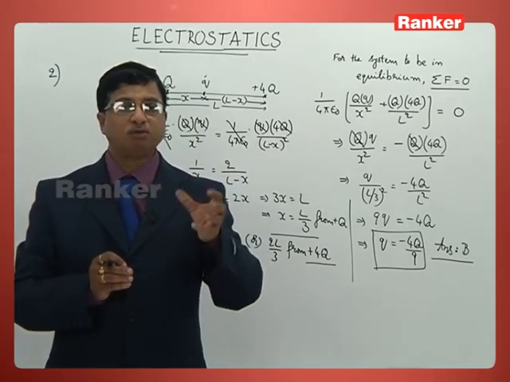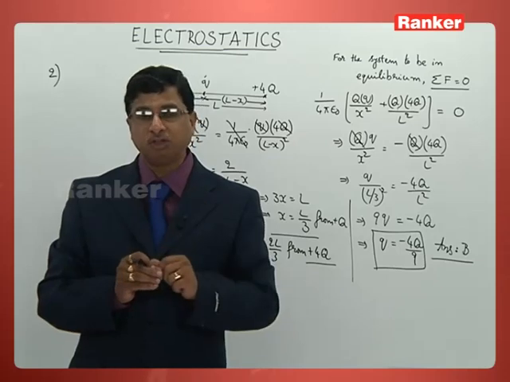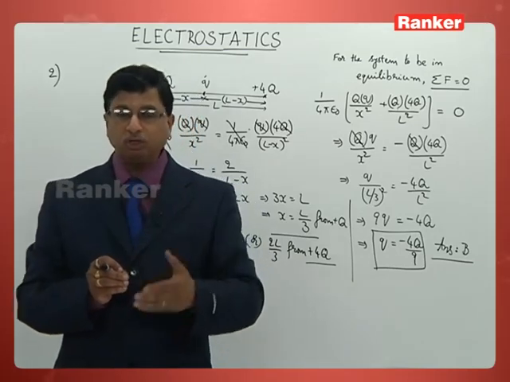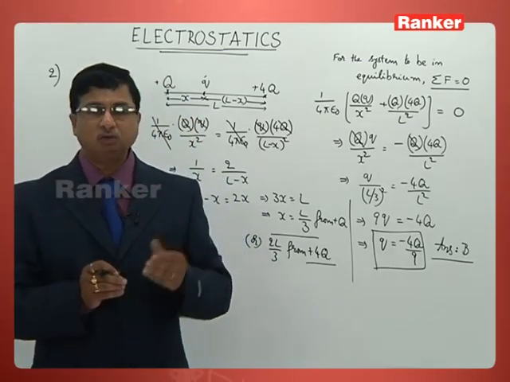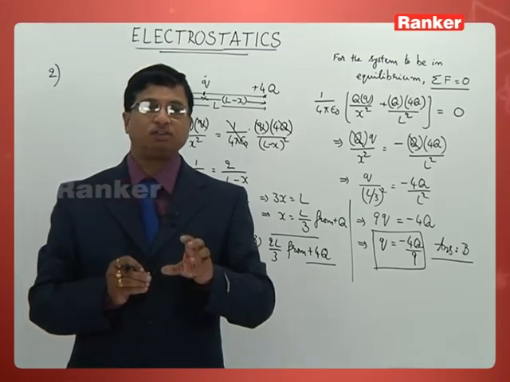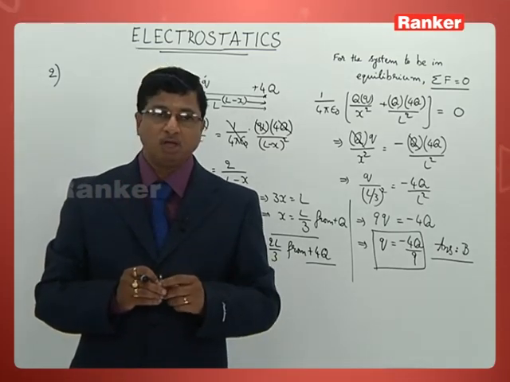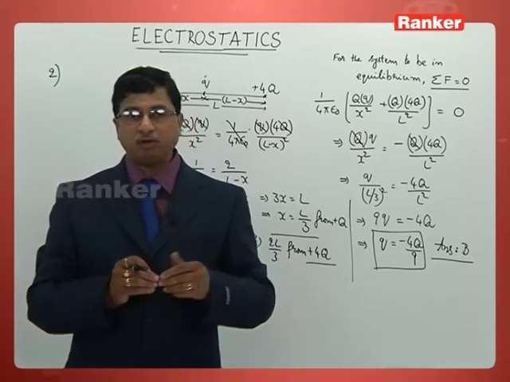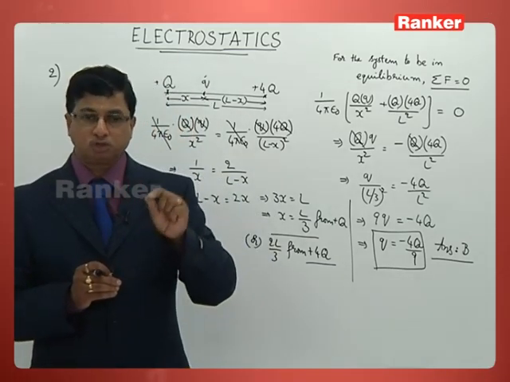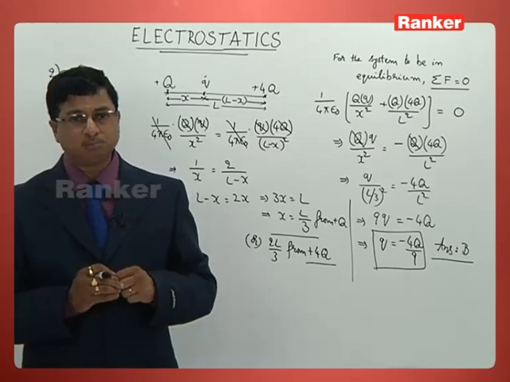If you equate the algebraic sum of forces to 0, whatever value you require, you can directly get it. This is one of the best models we have in this chapter in the form of problem 2. That is the concept over here.